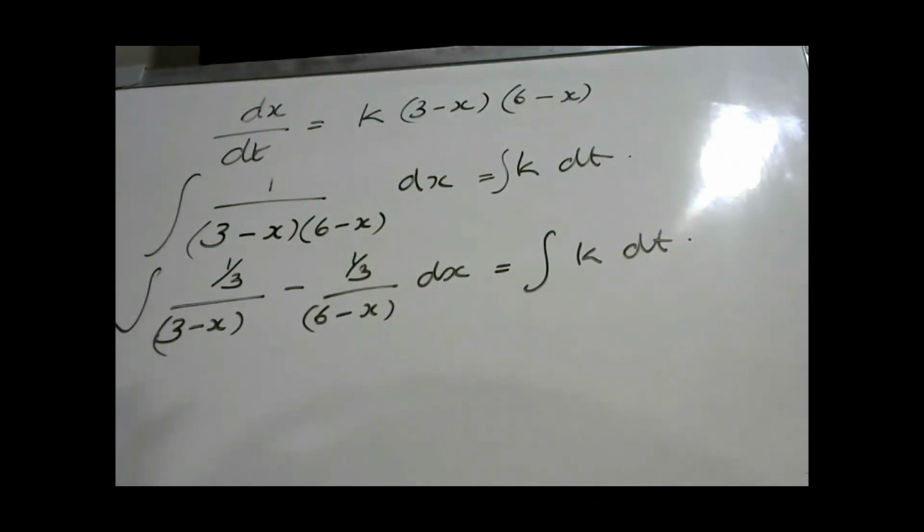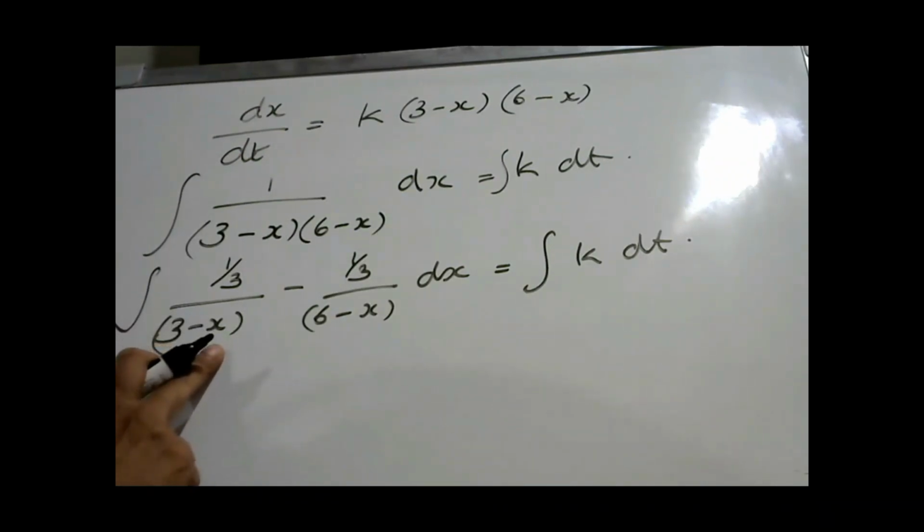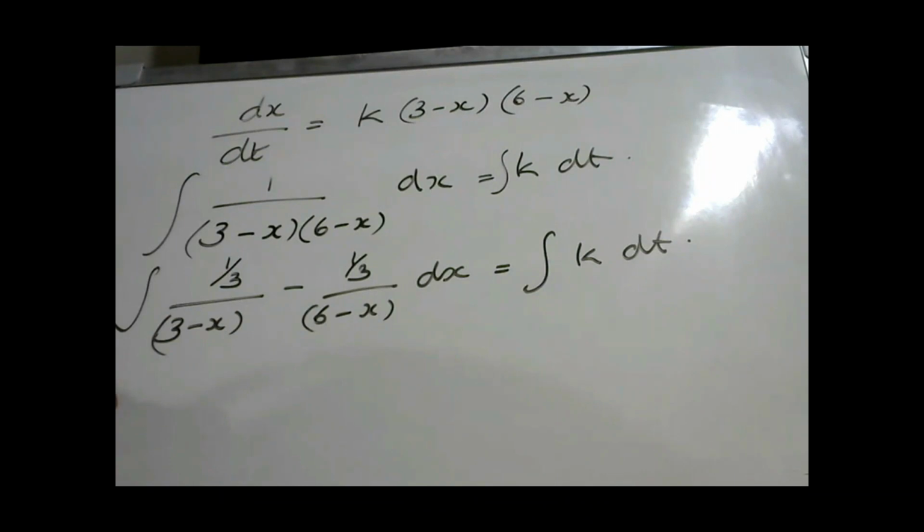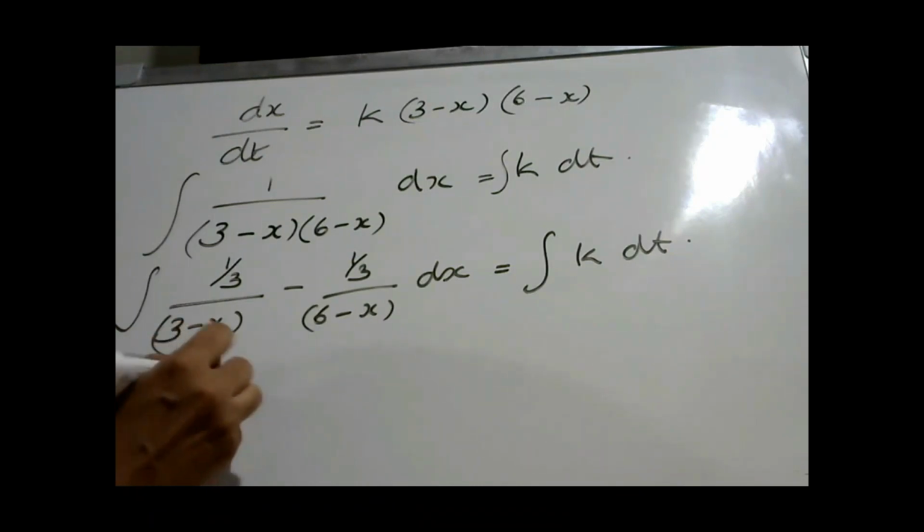Now I integrate. See, the power of the denominator is 1. When the power of the denominator to be integrated is 1, we take it as of the form ln. So the integral of this is 1 over 3 ln of (3 minus x).